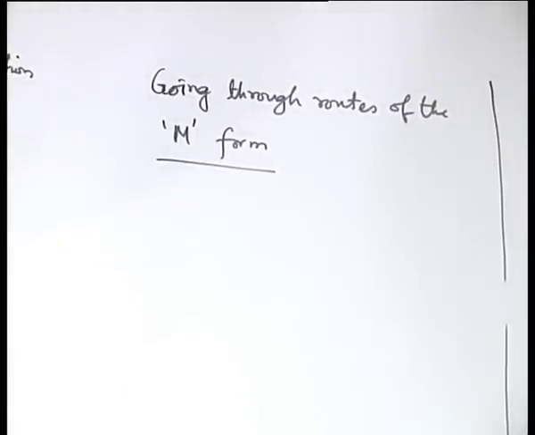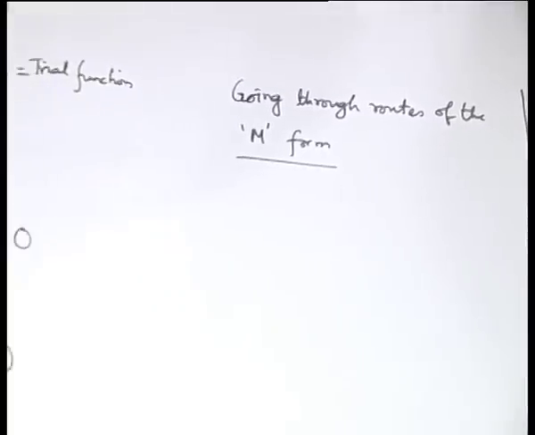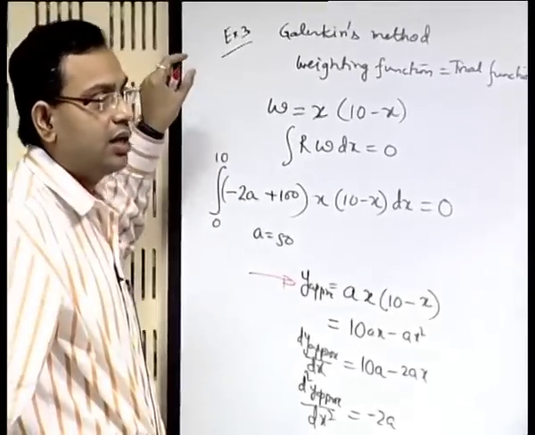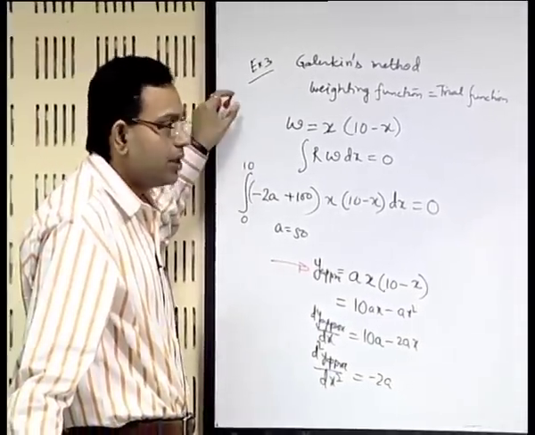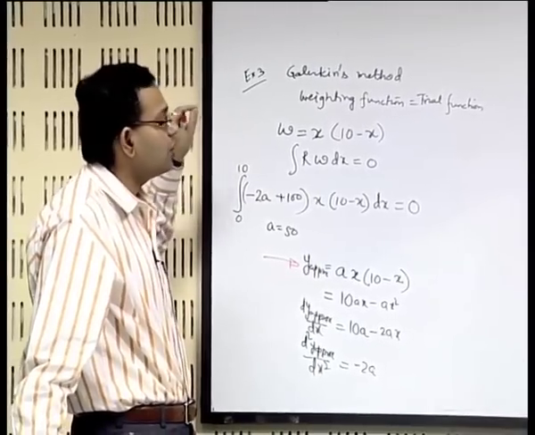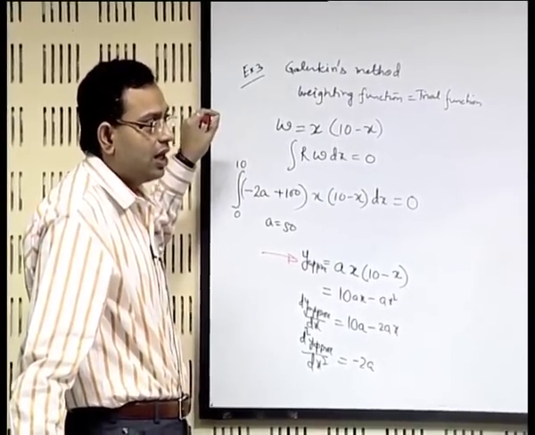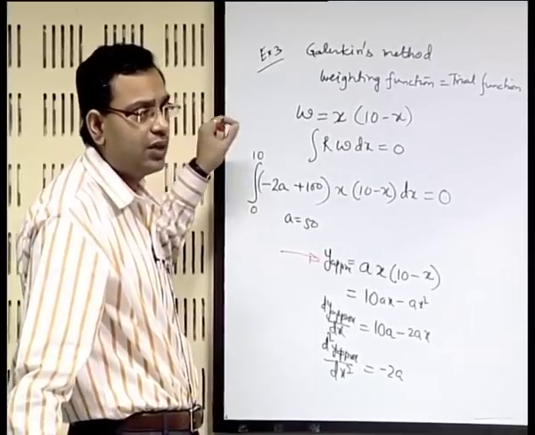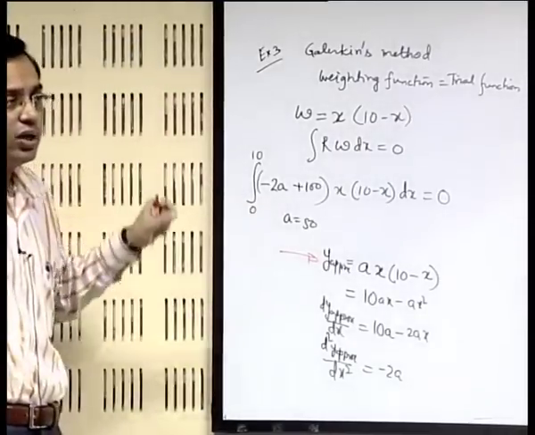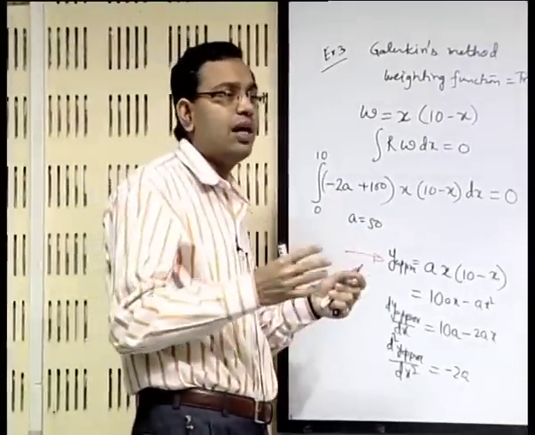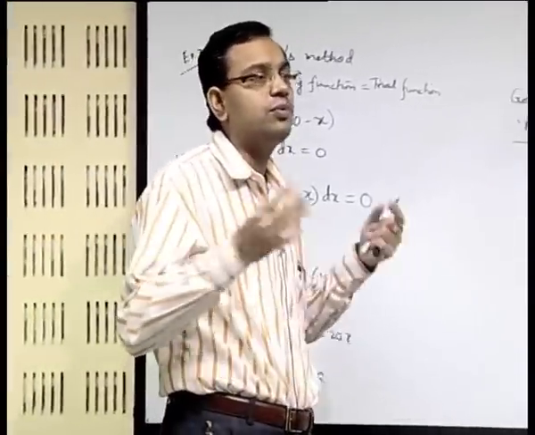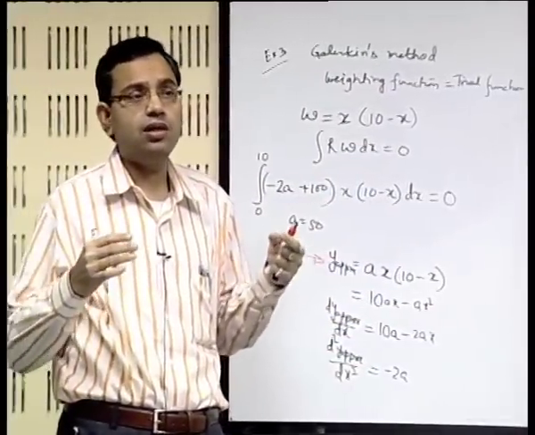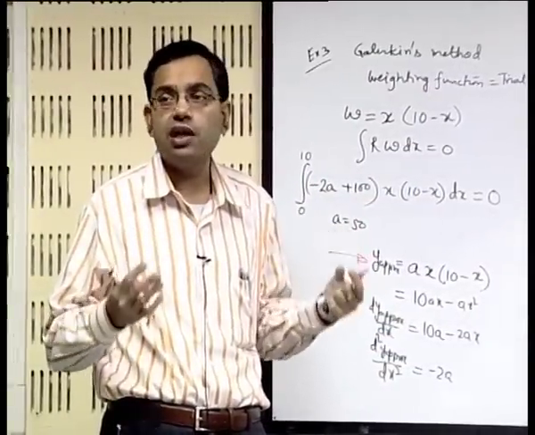Before doing that, one important thing that we should keep in mind is that no matter whether it is the least square method or the point collocation method or the Galerkin's method, these are not the only methods, these are just some examples that we have considered. You could have other methods where you may choose different forms of trial functions, like a very commonly used method called the spectral method.